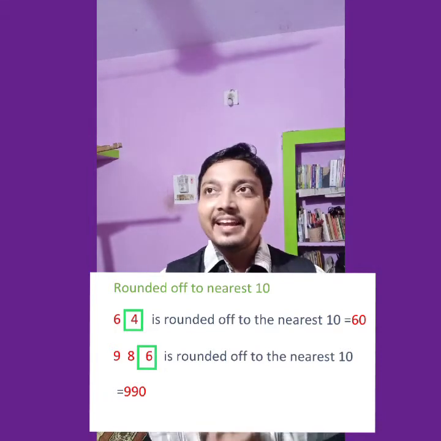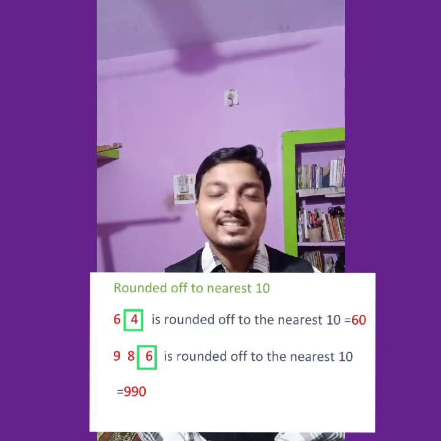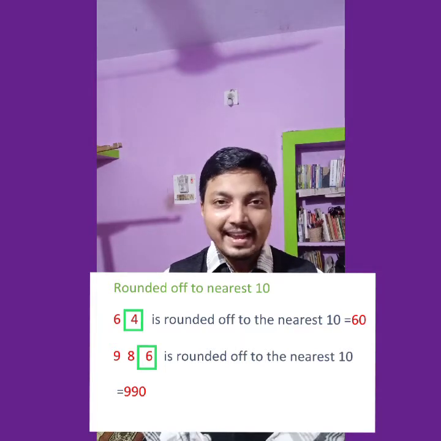In the same way, take a 3-digit number, 986, and I ask between which two tens it lies.